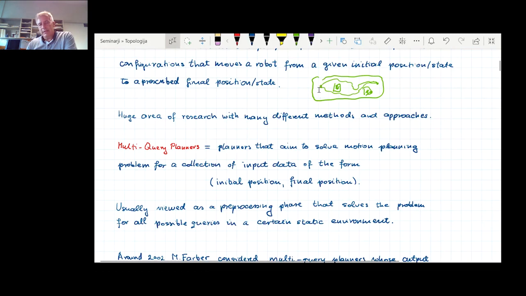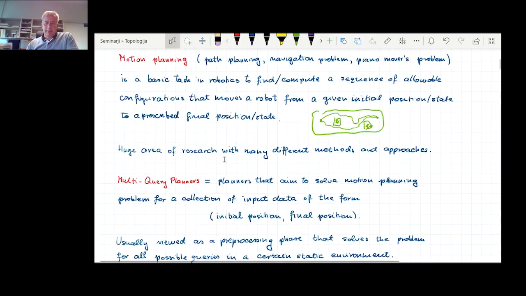So given all possible pairs of initial and final points, you want to compute the necessary paths in advance. Okay, so this is something that often appears, and it's called many queries or multi-query planners.